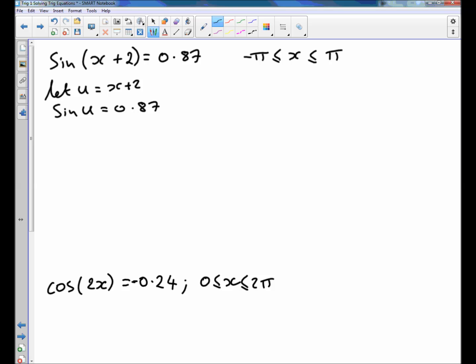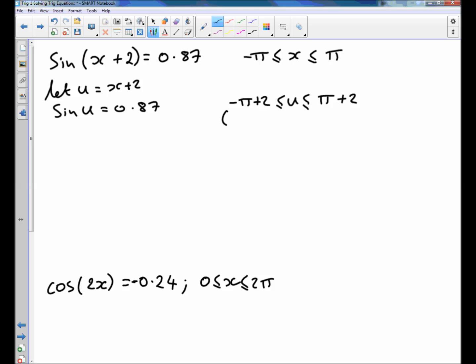Well, that's much easier to solve. However, if I'm going to replace u in my equation, I'm also going to have to replace it in my domain. So I know u is x plus 2. So for my domain then, I'm simply going to add 2 to the limits of my domain. So minus pi plus 2 and pi plus 2.